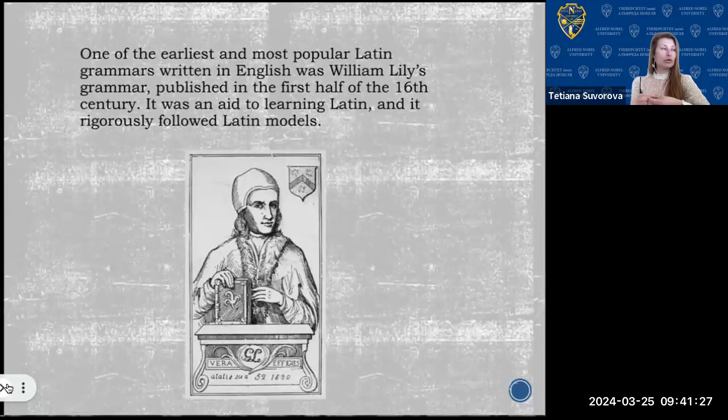So you see the transformation. First, it was only Latin. Then the description of Latin was written in English. So English was like the major language of the description. It's all about Latin still, but already in English. And it was written in the 16th century.